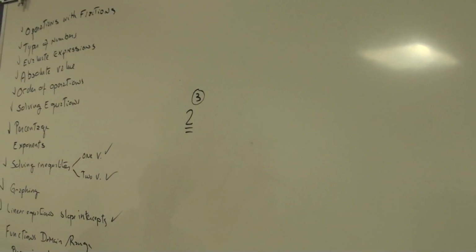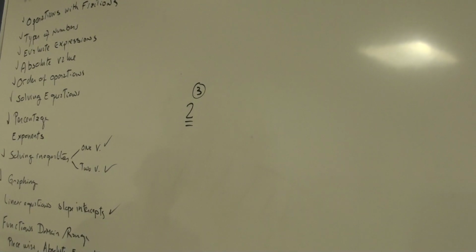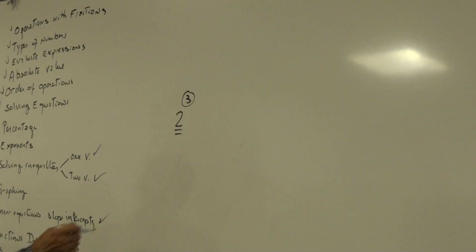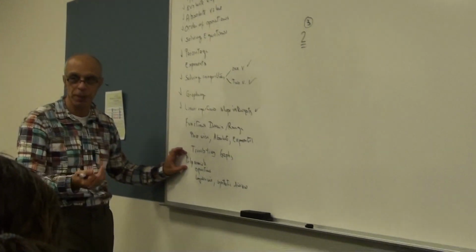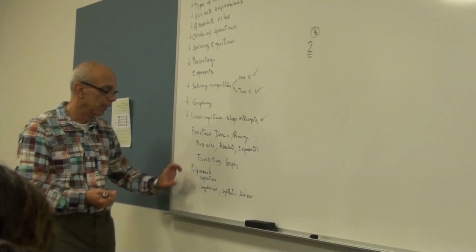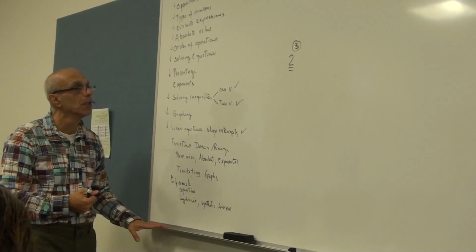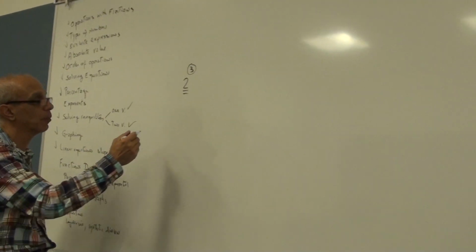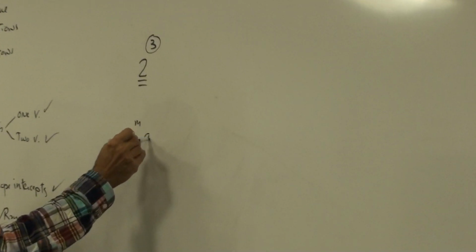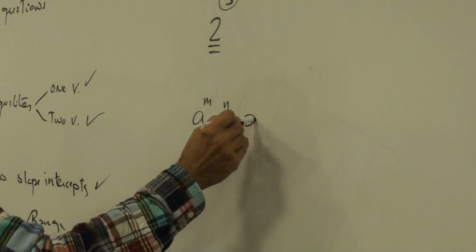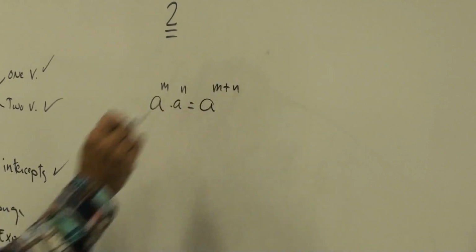So there are a few properties that you guys need to remember about exponents, and it's going to be very important when we start working with polynomials, multiplication of polynomials, and also division of polynomials. So knowing the properties of exponents is important. If I have a^m times a^n, I have to remember that's going to be the sum of the exponents.